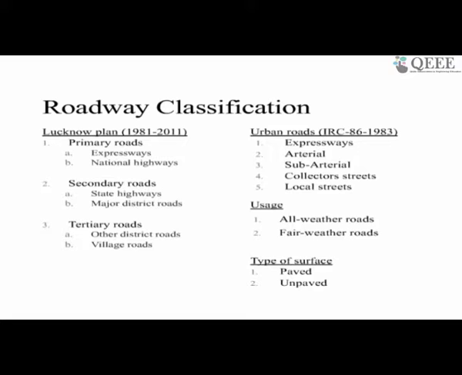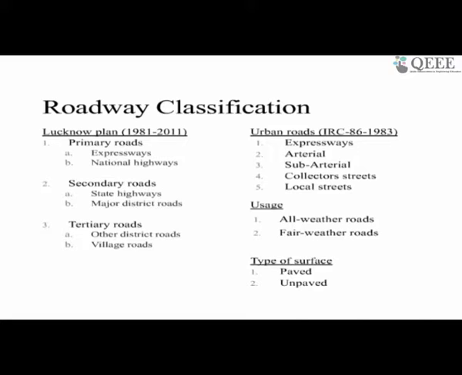The collector street collects all the traffic from the local streets and provides circulation within a certain region. Then it goes to the subarterial, where the speed of the roadway increases whereas the access gets reduced. From the subarterial it goes to the arterial, and from the arterial it goes to the expressway.